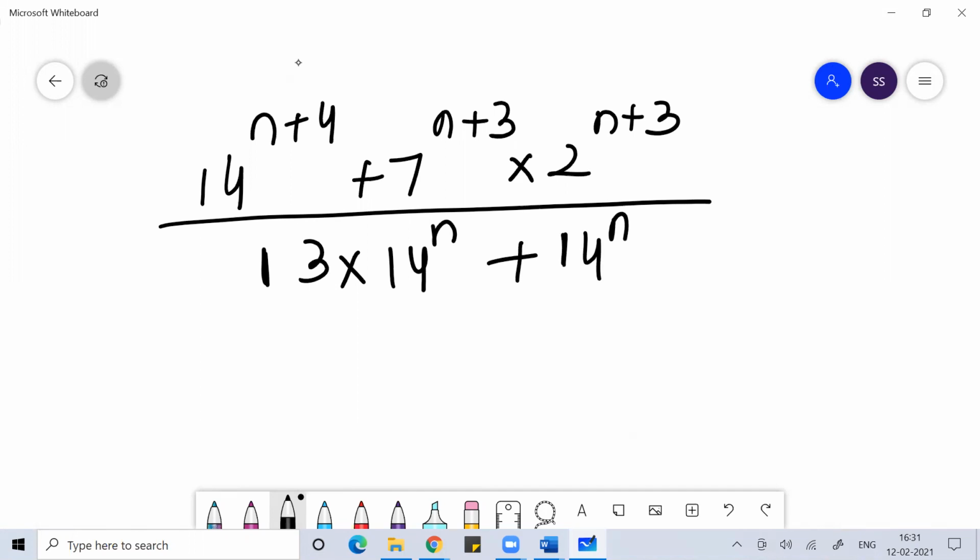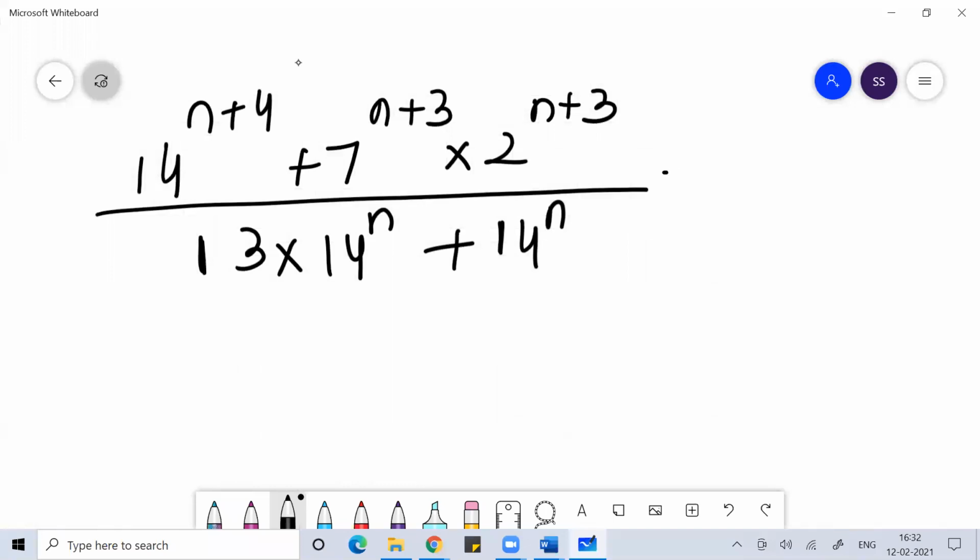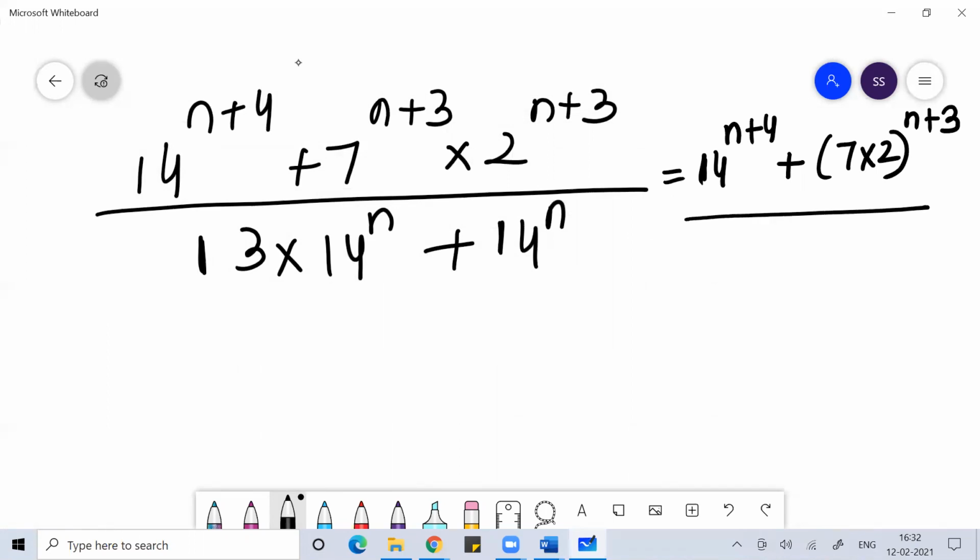So if you notice, 7 and 2 both have the same power n plus 3, so I can write that as 14. Here if I take 14 to the power n common, I'll get 13 plus 1.